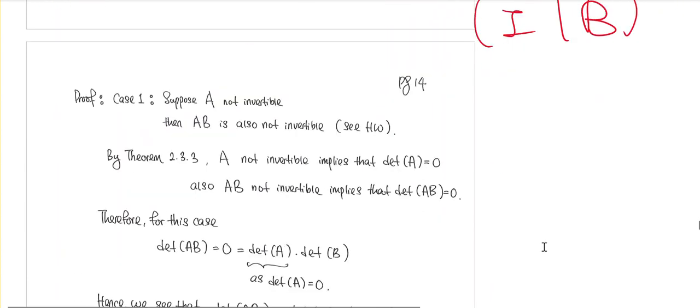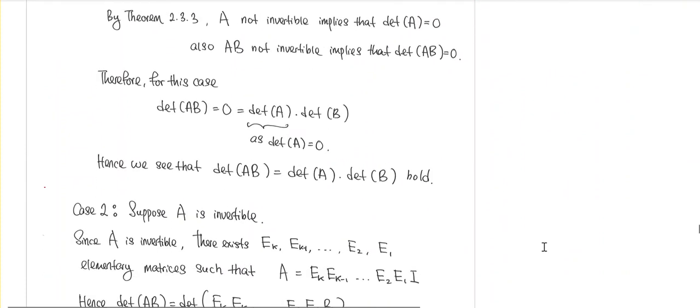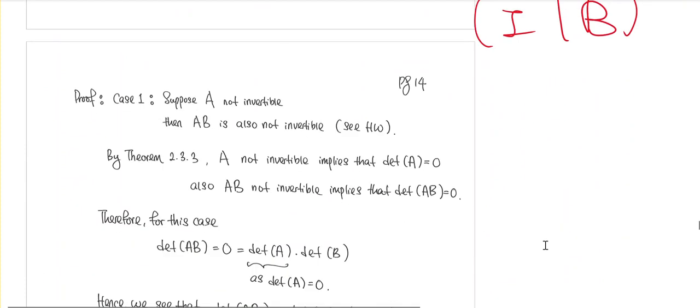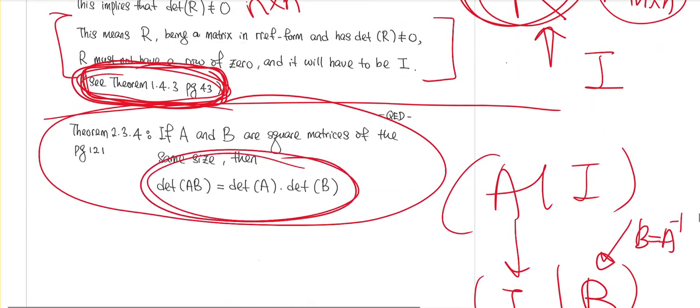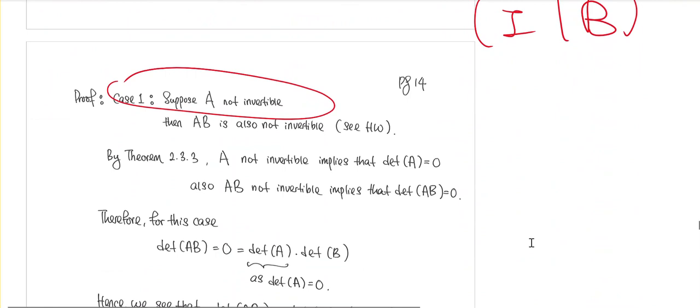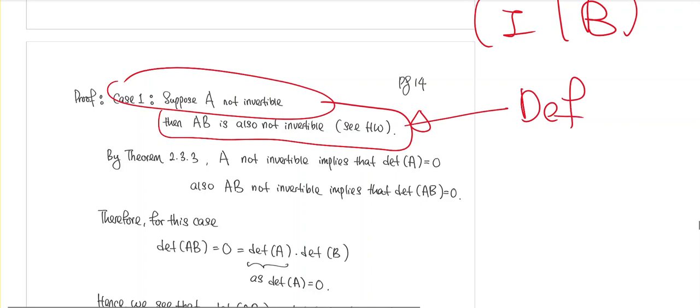The proof will be separated into two cases. The first one is we assume that A is non-invertible and try to show the equality. Suppose A is non-invertible. We know from the homework problem, using nothing but the definitions and proof by contradiction, that if A is non-invertible, then AB is also non-invertible.